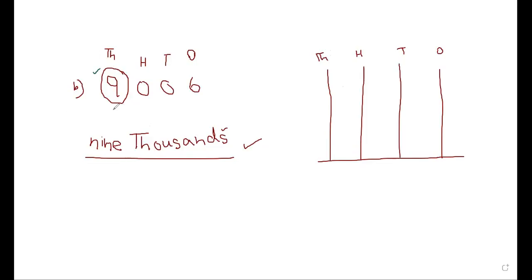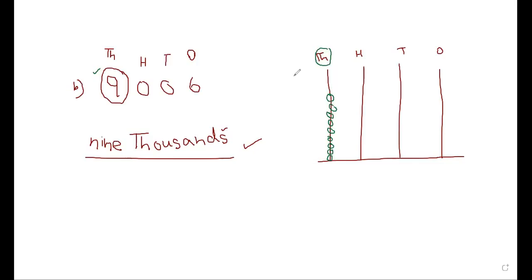How many thousands do we have? 9 thousands. Which one is the thousands line? This one. So in this line, I am going to draw 9 beads. 1, 2, 3, 4, 5, 6, 7, 8, and the last one is 9.